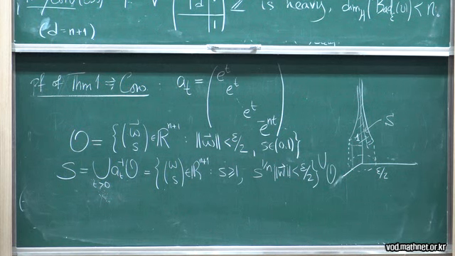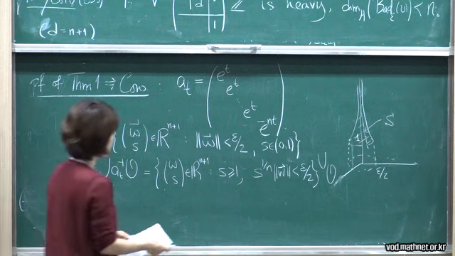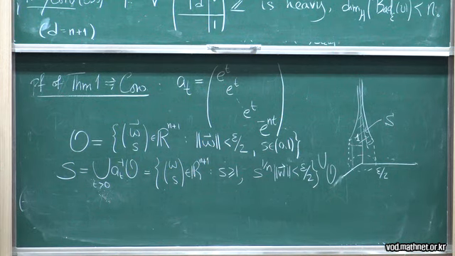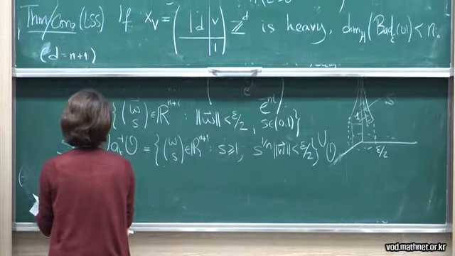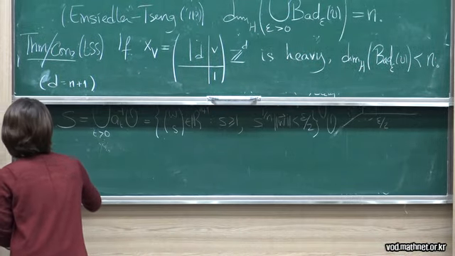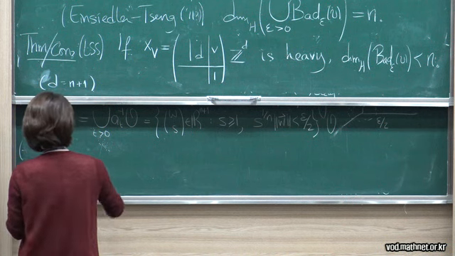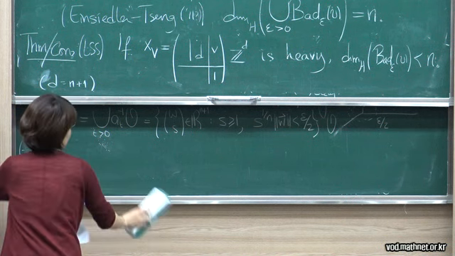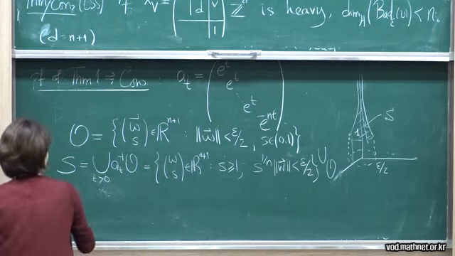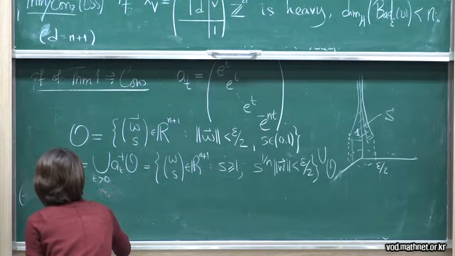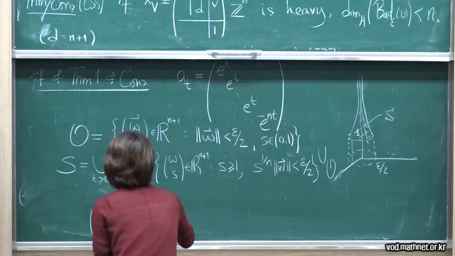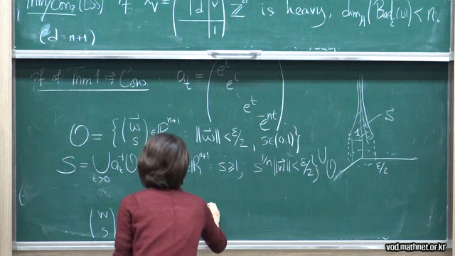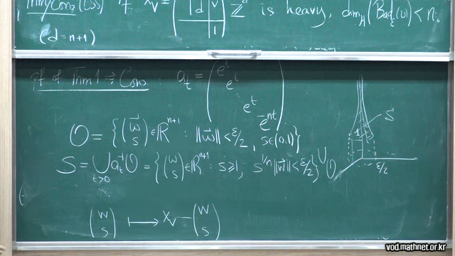Okay, so now for this O and for this S, let's look at the vectors. My claim is that we can go from bad vectors to O-bad grids. So the claim is that, first of all, remark that we want to go from (W, S) to X_V minus (W, S).